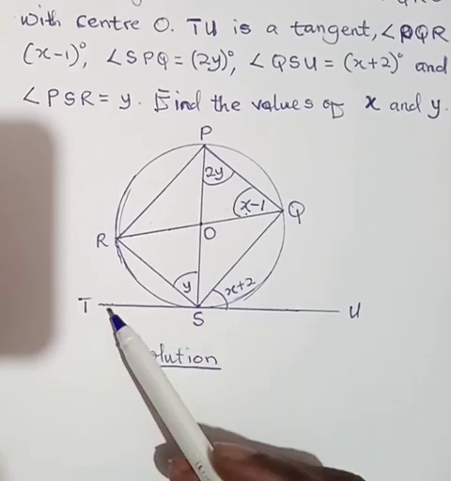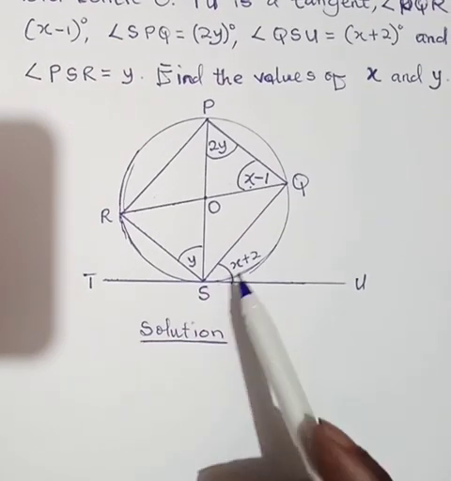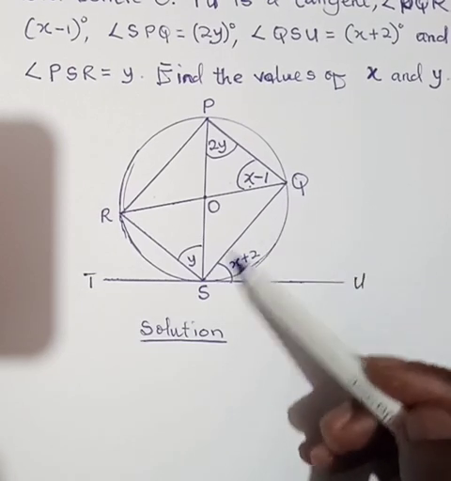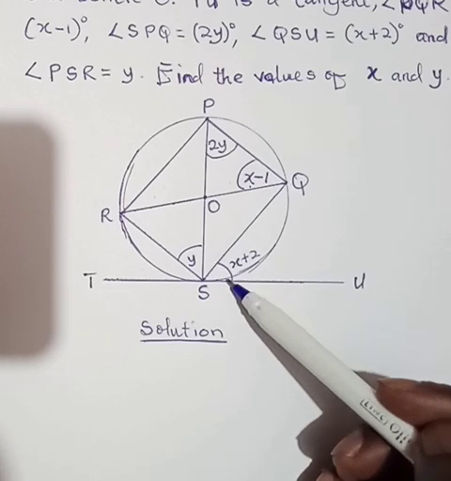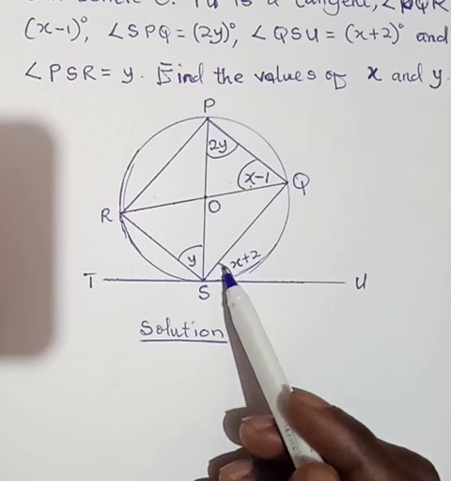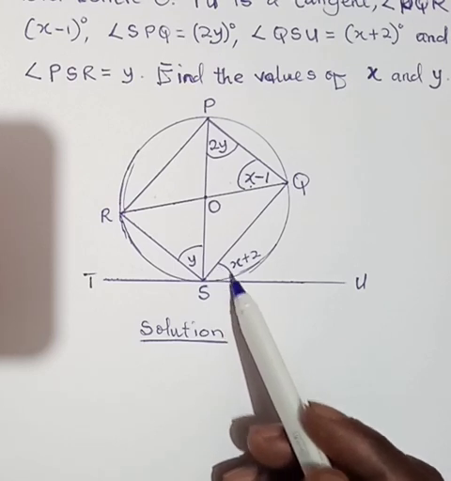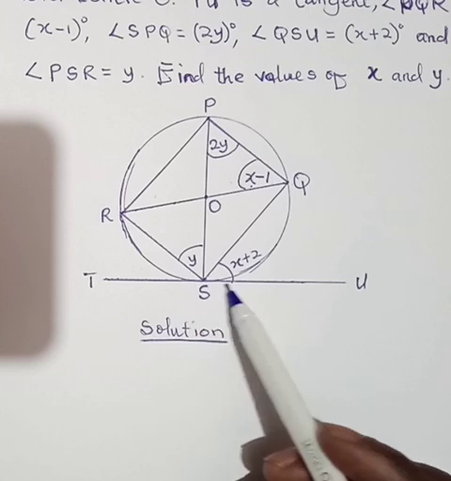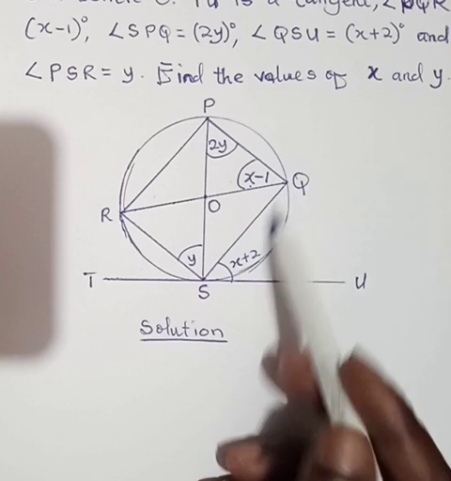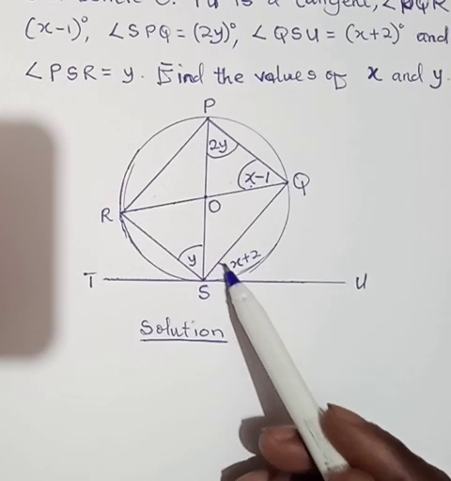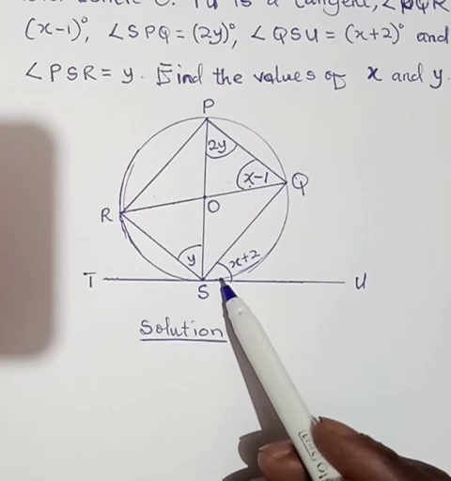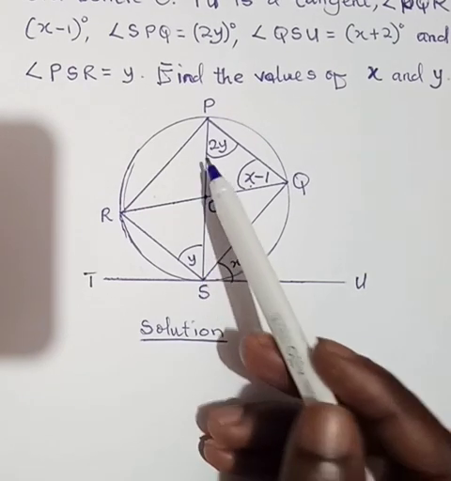What we have to know is, once this is a tangent line, and we have this chord, and this angle is formed here. One of the properties in circle theorem is that whenever you have an angle between a chord and a tangent line at the end of that chord, the angle formed between the chord and the tangent is equal to the angle in the alternate segment.